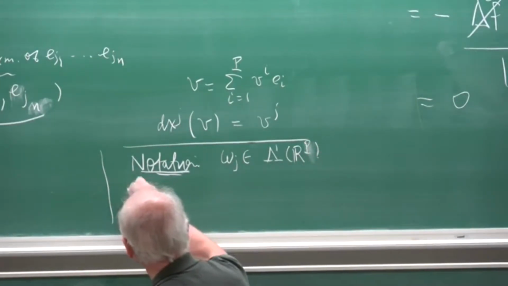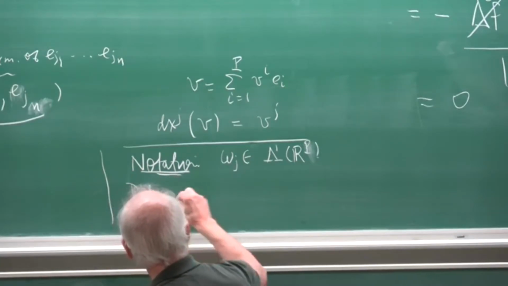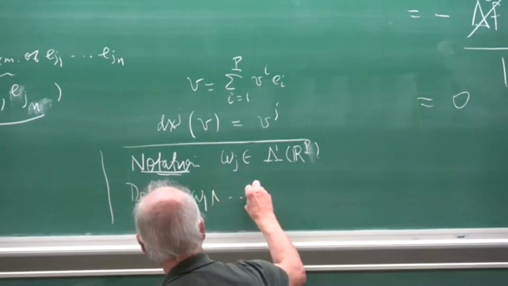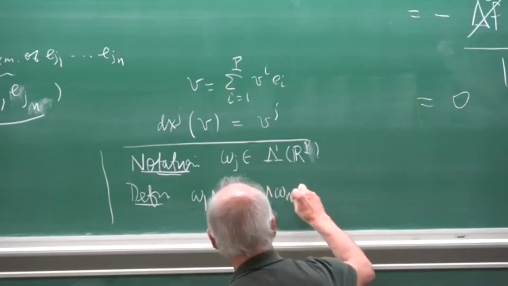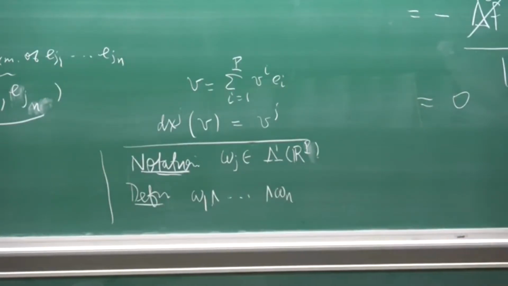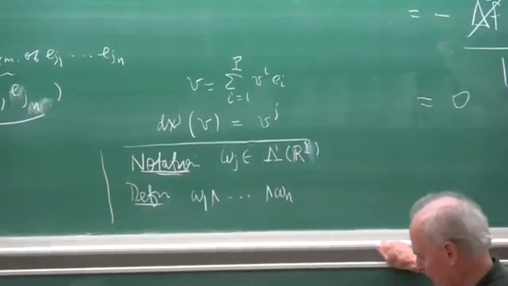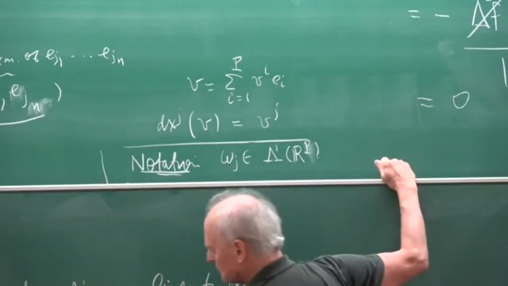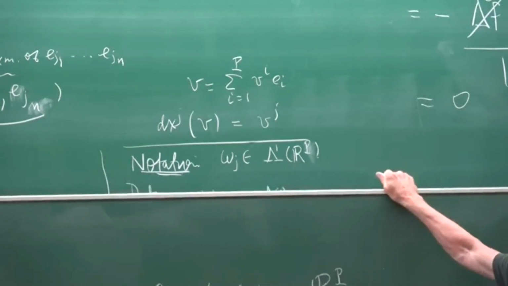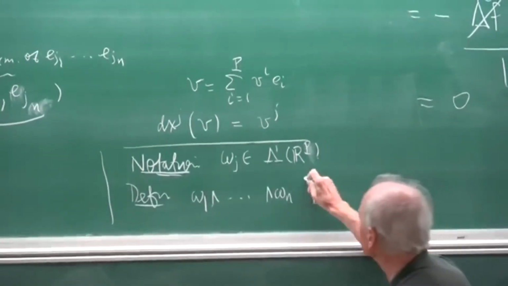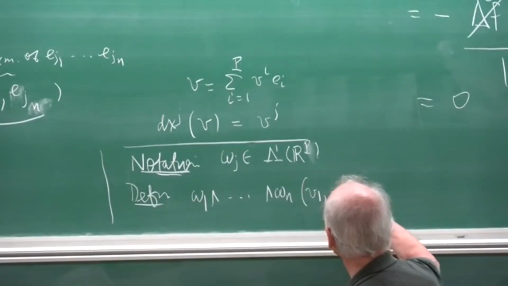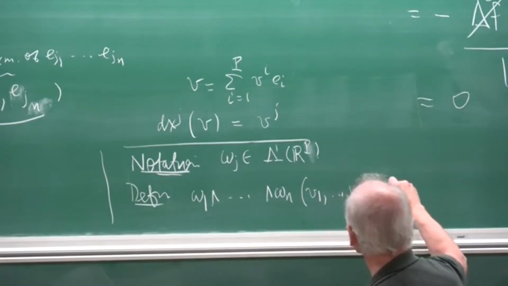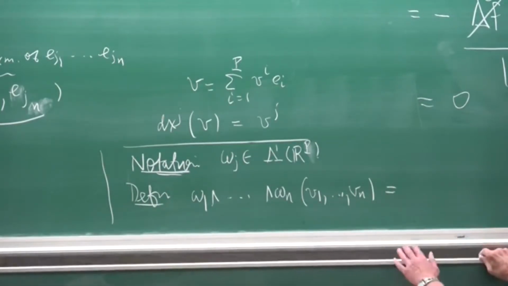Then you make a definition: omega 1 wedge up to omega n. I want to define that as one of these alternating n-linear things. Namely, I've got to say what it does to vectors v1 up to vn.